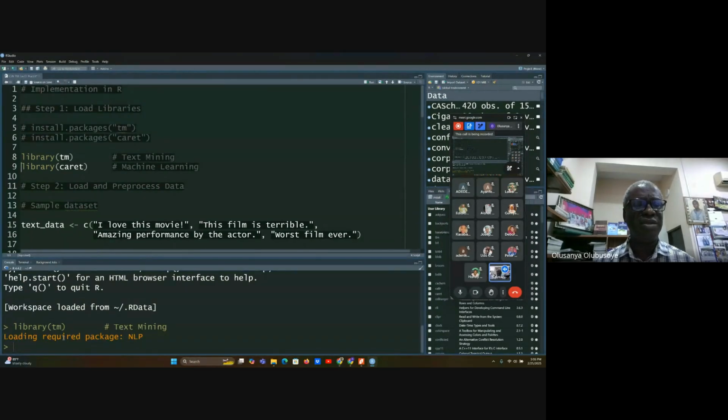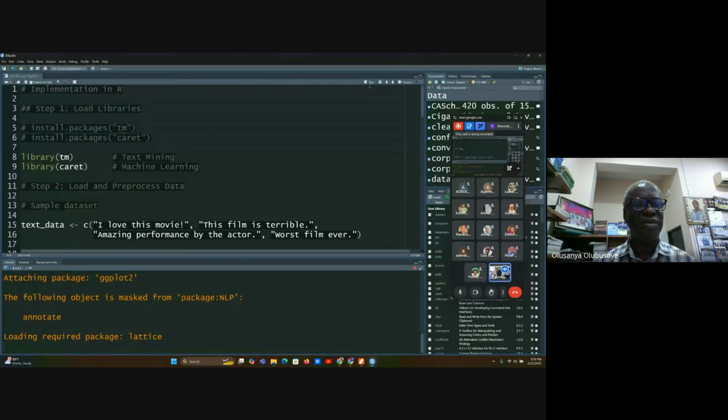You can see it loading the required natural language processing package, and then you can also load this. The applications have been loaded now. Then the next thing is to load and pre-process our data.